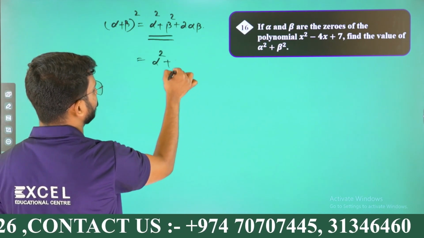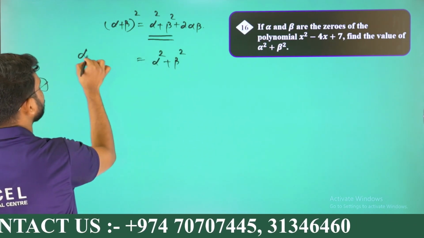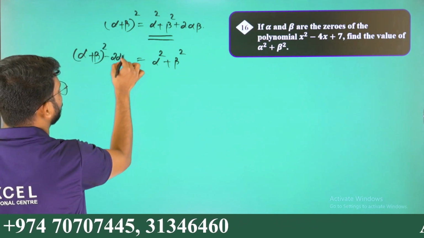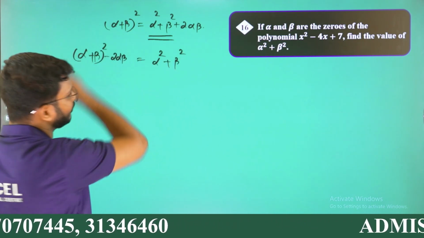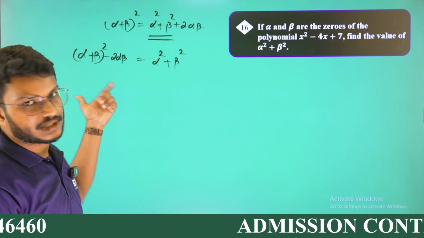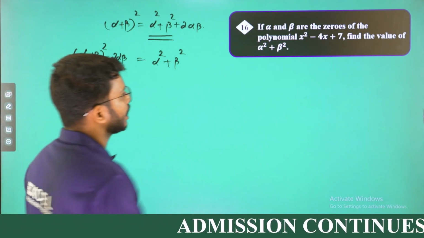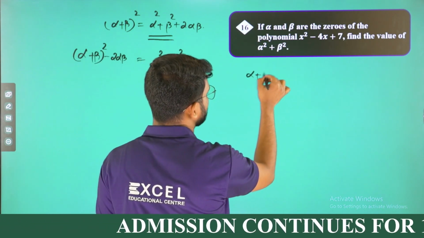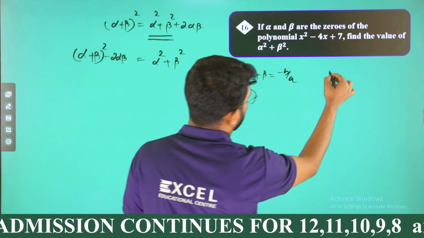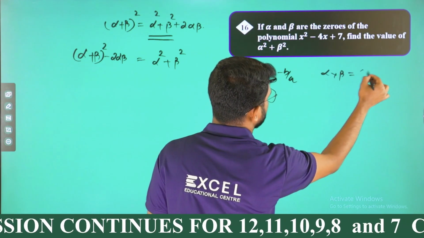So alpha square plus beta square will be equal to alpha plus beta the whole square minus 2 alpha beta. I just put this one to the left hand side. Okay. So which is the required identity in this question. Anyway, we can list the alpha plus beta is equal to minus b by a, and alpha into beta is equal to c by a.